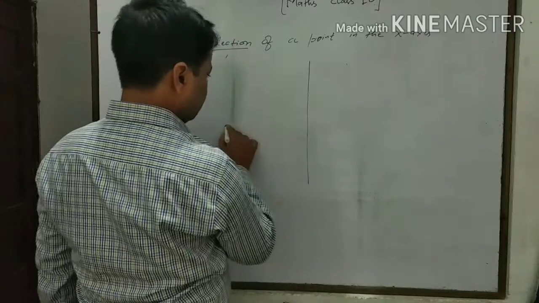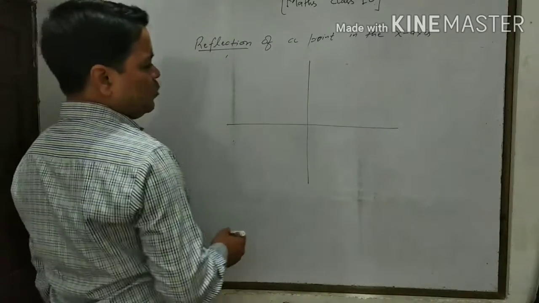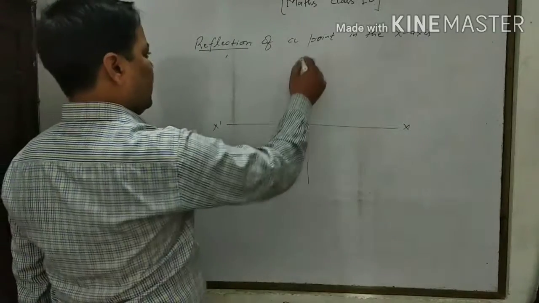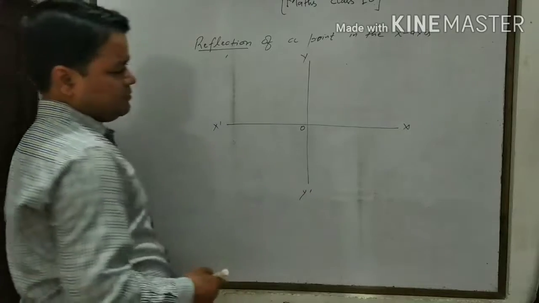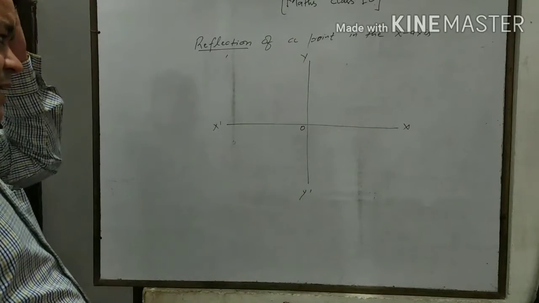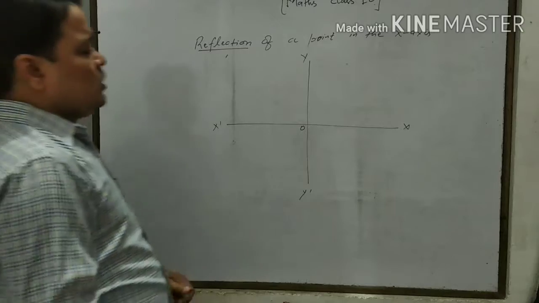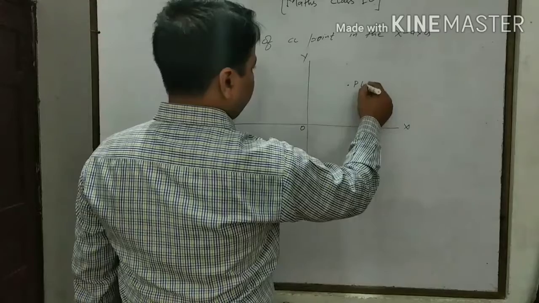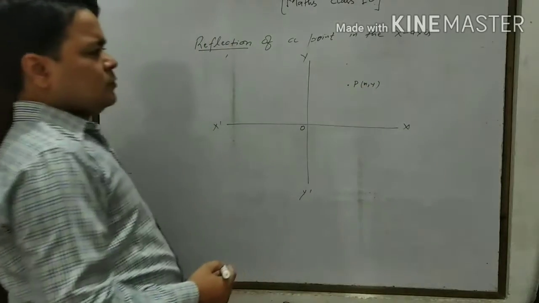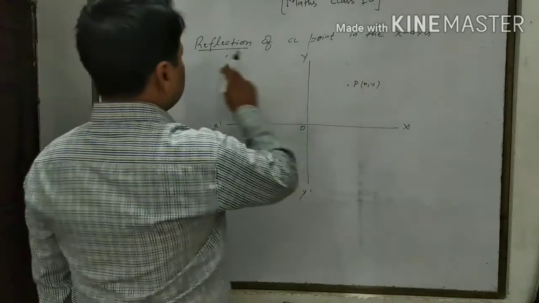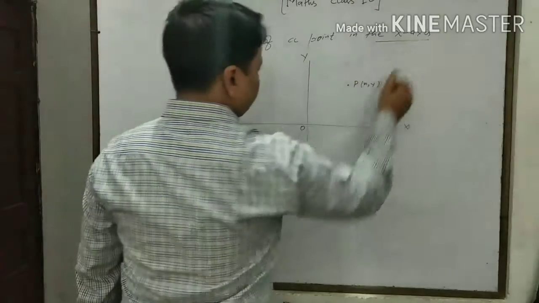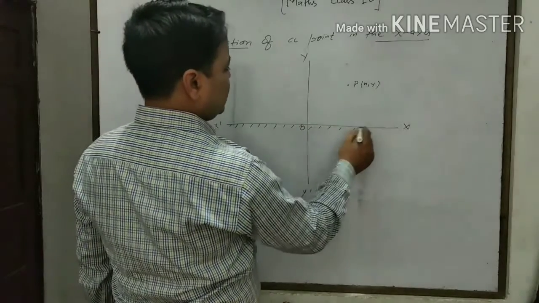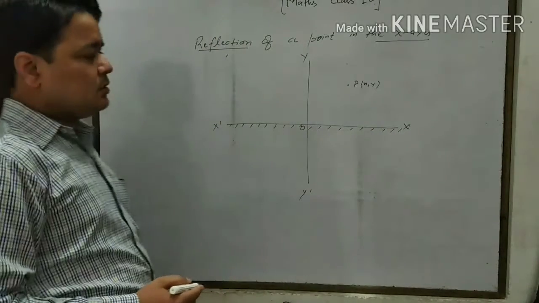Let here, you know this coordinate axis, X O X dash and Y O Y dash. If we have any point P whose coordinate is (x, y), and reflection of a point in the x-axis means this line XX dash is working here as the mirror.